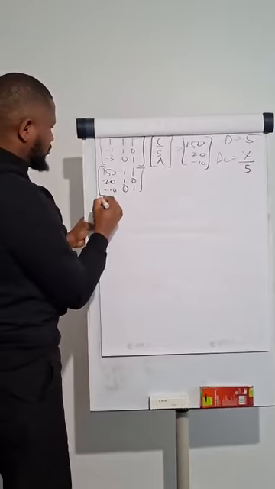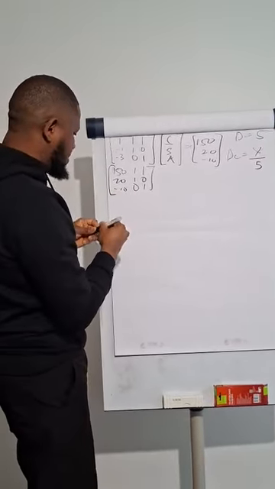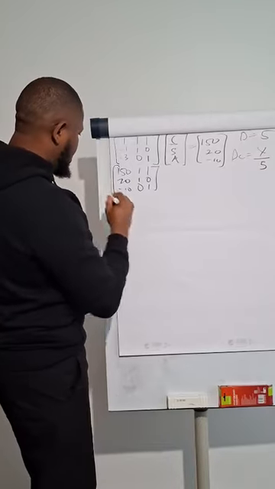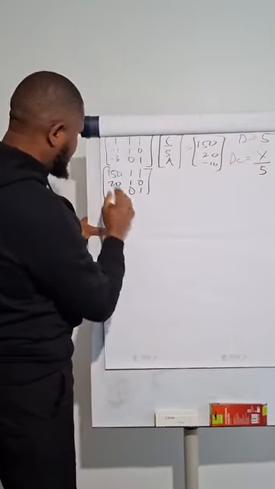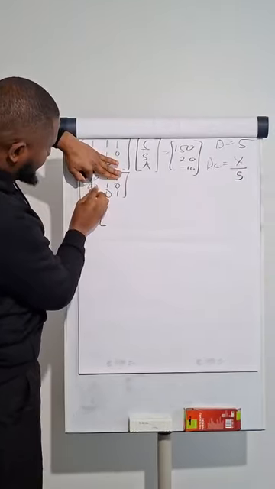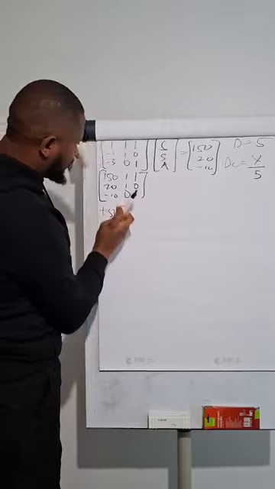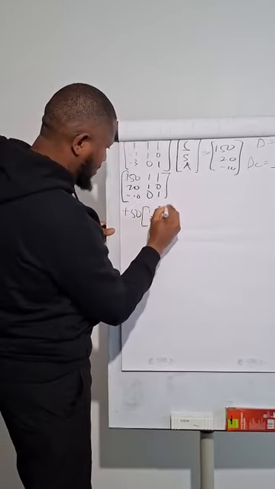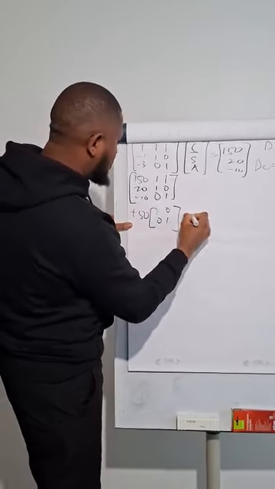We've already replaced the column, so we take the first one. Remember the technique we use. It will be plus 150. We cover this row and this column, and it will be the matrix 1, 0, 0, 1. Then the next one is minus 1.